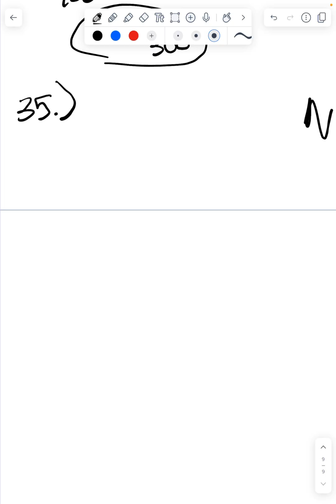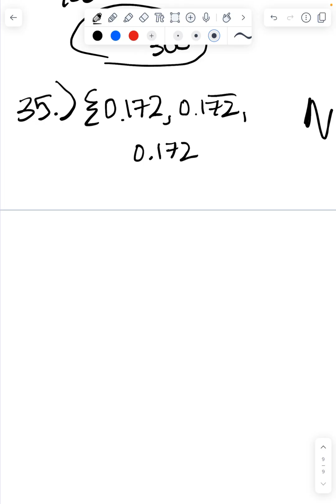Okay, so number 35 is 0.172, 0.1 with 72 repeated, 0.17 with only the 2 repeated, and 0.172 where they all are repeated.